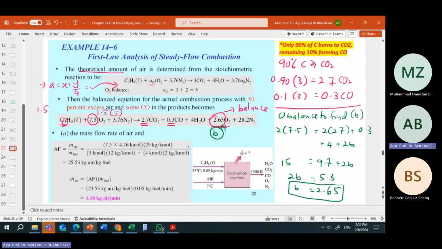Okay, so from there, we need the A, actual A, to find the AF actual. Okay, so to find the AF actual, the A you calculated, multiply by 4.76, multiply by molecular weight of the air, divide by molecular weight of the fuel. Okay, then you get this.